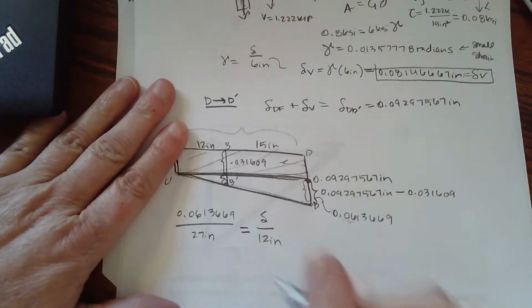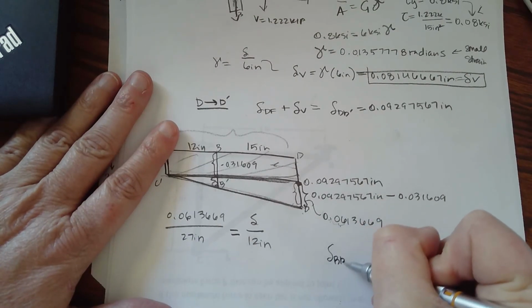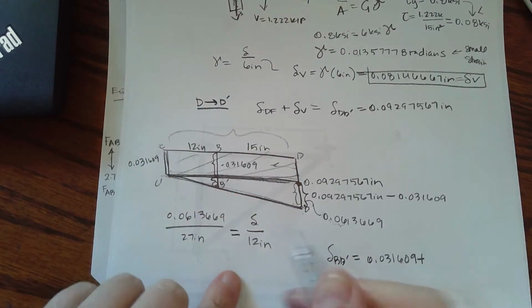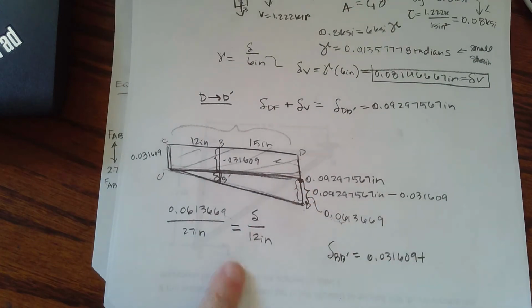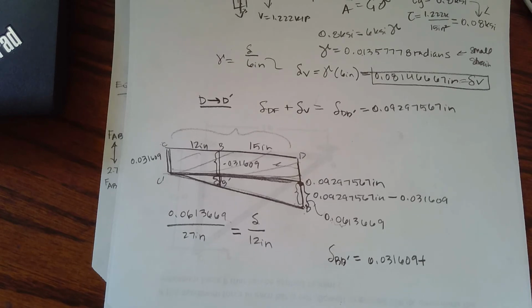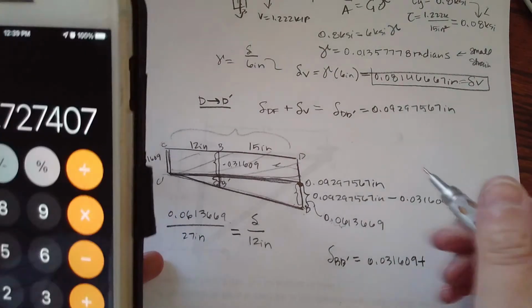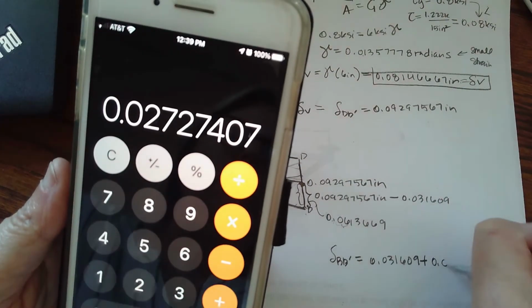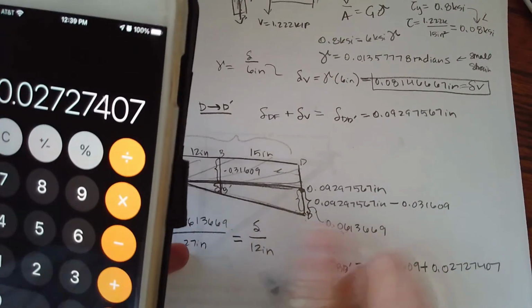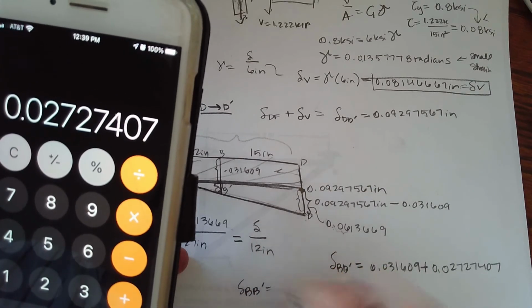And I know that when I go from the delta from B to B prime, it's going to be 0.031609 plus this little smidgen of my similar triangle. So let's get that value. Minus 0.031609 times 12 divided by 27 equals, and I get that this delta is 0.0227407.